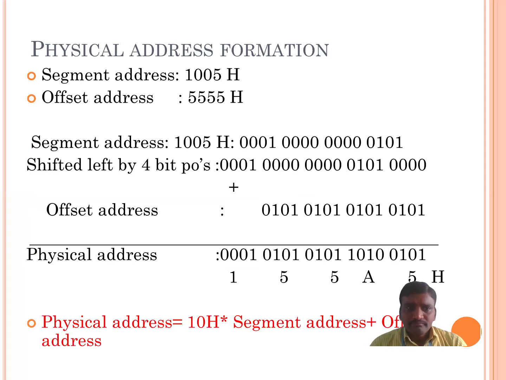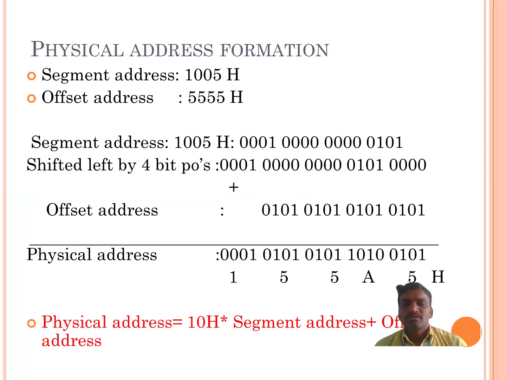The segment address will come from any one of the segment registers. There are 4 segment registers, right? Those segment registers are the code segment register, data segment register, extra segment register, and stack segment register. The main purpose of the segment register is to hold the base address, or the segment address, of the memory location.